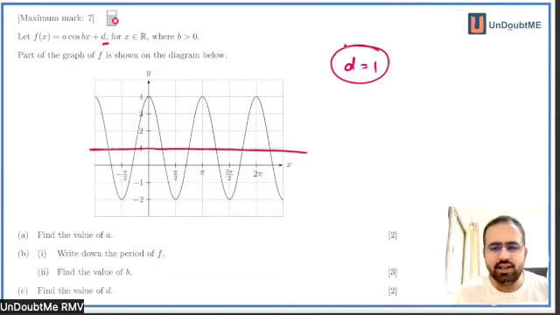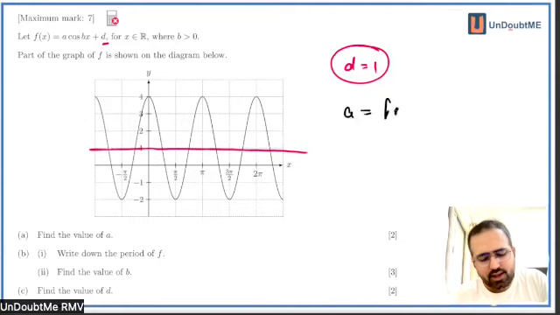Though it will be asked later only, we can just do it by observation. What is the value of A? A is basically the amplitude. So from here, if you count, it is 3 units up and 3 units down. There is one more theoretical way they have given in the mark scheme. I'll show you how they are finding A: F max minus F min by 2.